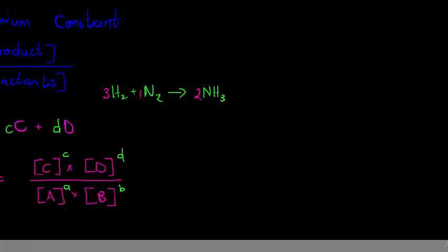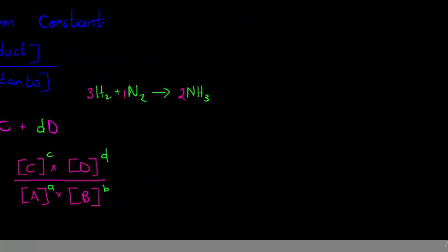So if I do it for my ammonia reaction, the formula for the equilibrium constant for this reaction, sorry, it should be the reverse reaction, that's very, very important. You will lose marks if you don't put that.